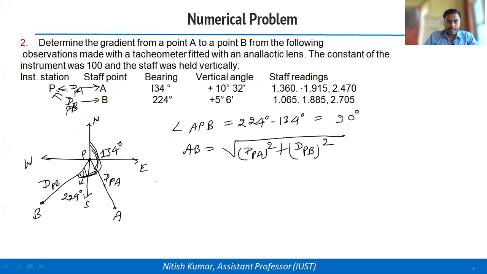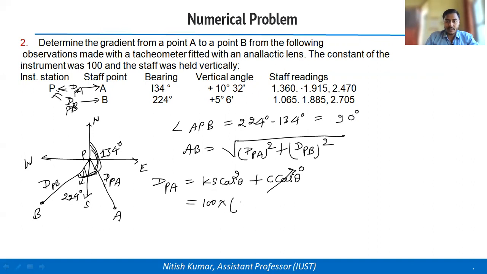So first, can we write directly? I'm going to calculate the horizontal distance between P to A. What is the formula? D is K S cos square theta plus C cos theta. Am I right? We are going to calculate the distance between P to A, instrument at P and staff at A. So we can write here K is given as 100, and C is 0.